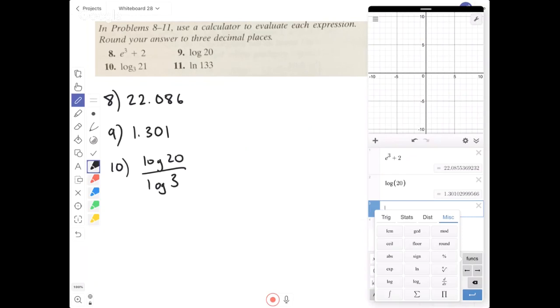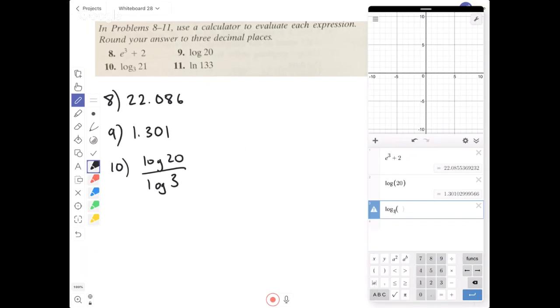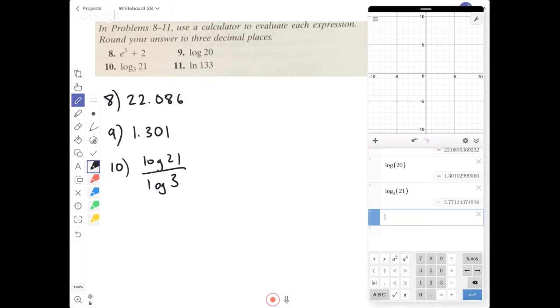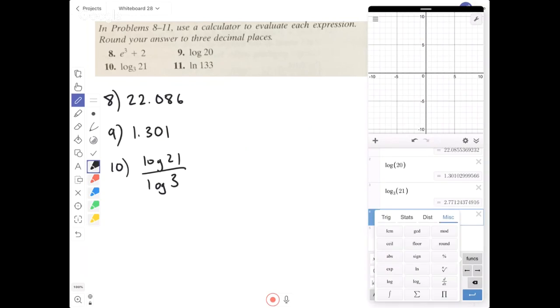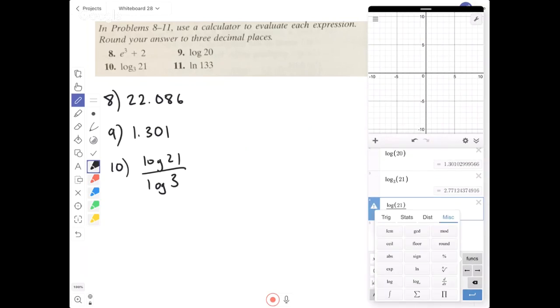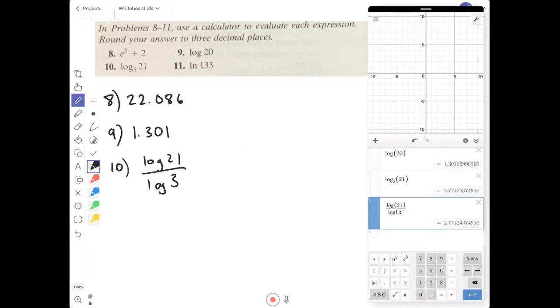I, of course, have a log base, so I can say log base 3 of 21. But let me just show you that that's the same as if I was on a scientific calculator, log 21 over log 3. Either way, you're going to get 2.771.